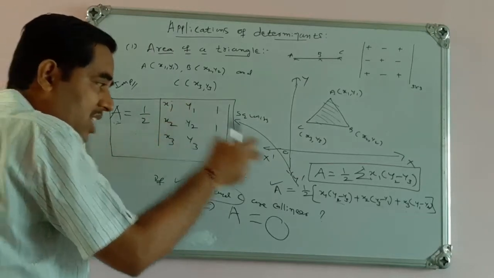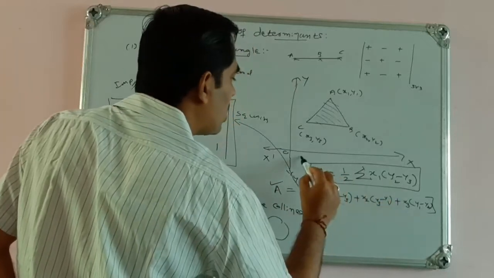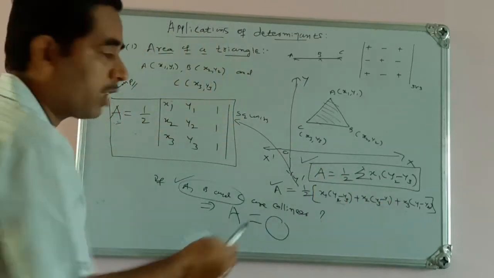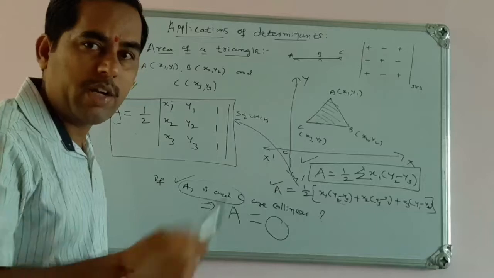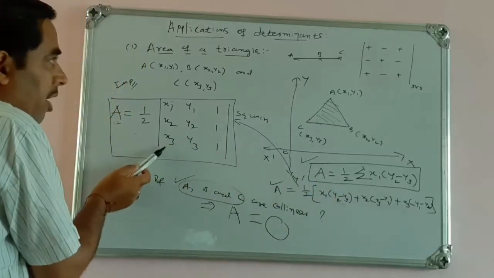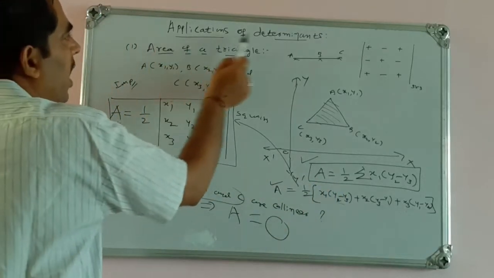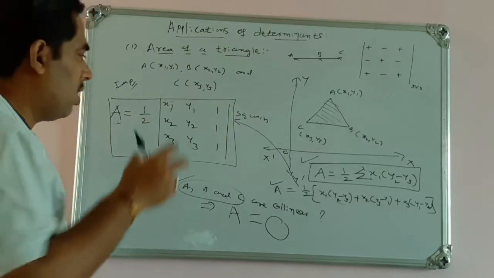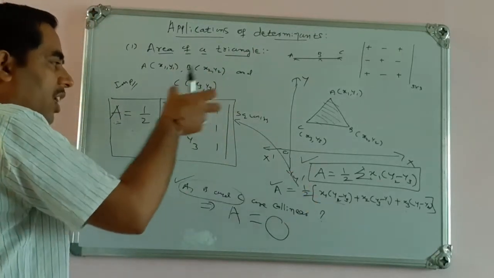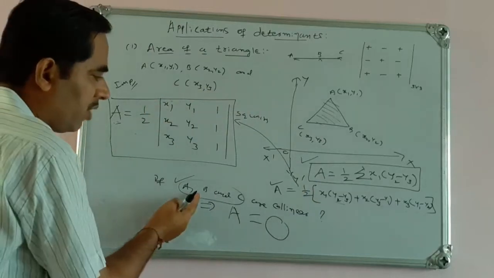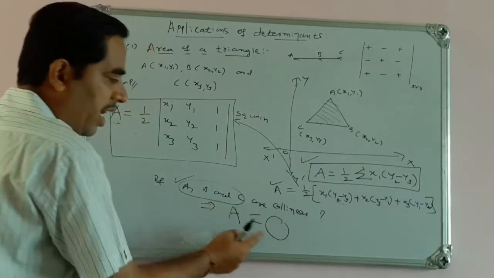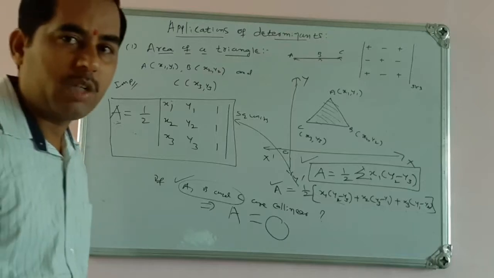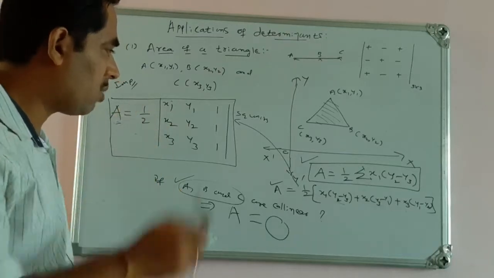If we expand this, we get the same expression which we learnt in analytical geometry in first PUC. The same expression we have written in the form of a determinant. That's why I have written the heading as applications of determinants. So if the given points are collinear, the area vanishes. It will be 0. This is the first point to remember here.